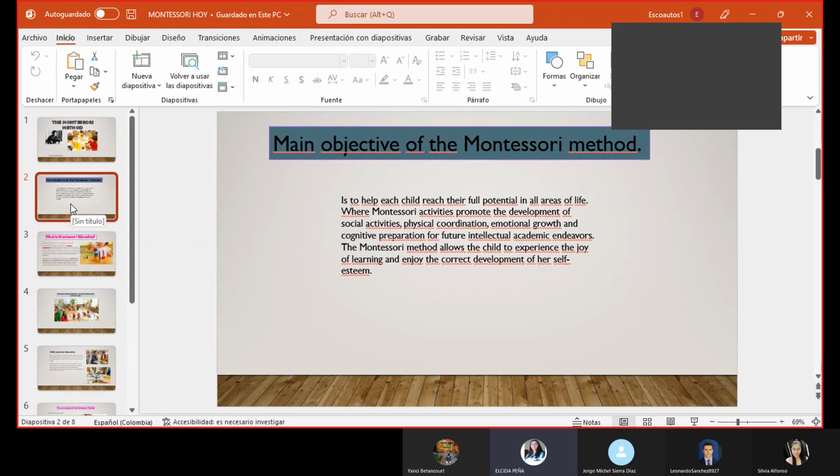The Montessori method allows the child to experience the joy of learning and enjoy the correct development of her self-esteem.